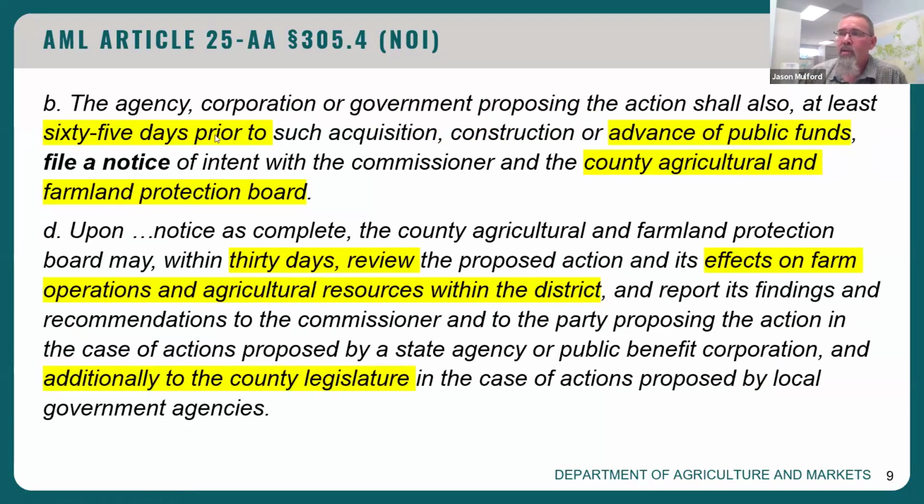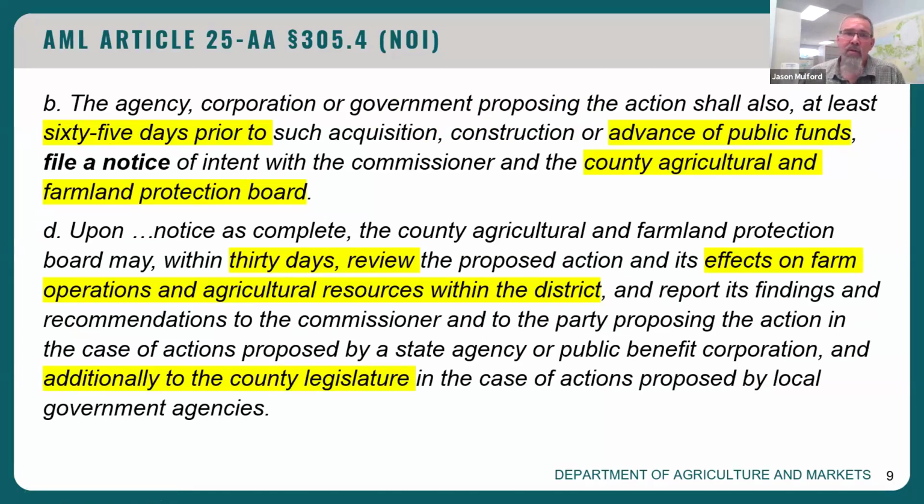And I wanted to draw your attention to that, it includes the county ag and farmland protection boards. Typically, the county planning is directly associated with that, as well as soil and water, Cornell Cooperative Extensions, and so on.